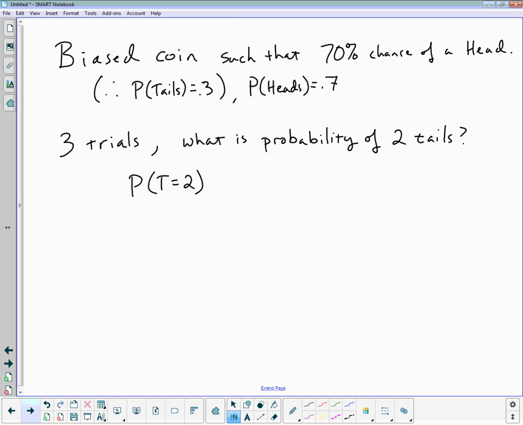When you're dealing with a small number of trials, it's often simple enough to do a tree. So we will do heads, heads, tails, heads, tails, heads, tails.